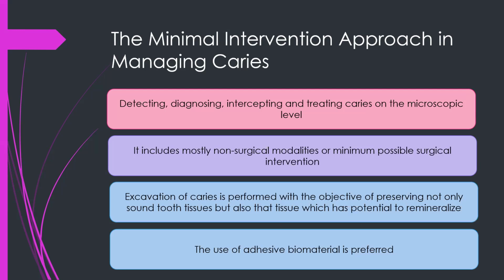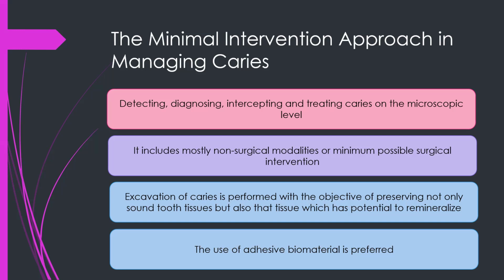So there are four main approaches to managing caries here. You are detecting and diagnosing caries on a microscopic level. This is mainly the diagnosis part. And if there is just an incipient lesion, you first approach with non-surgical modalities, or if you're using a surgical approach, that is cavity preparation, you use a minimal surgical intervention.